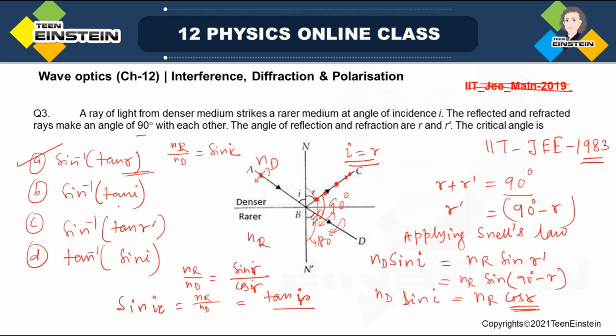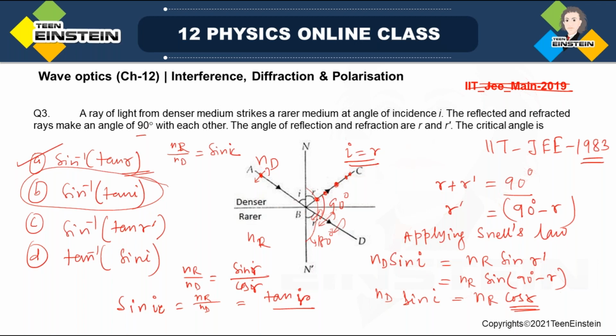I don't know, since I and r are the same, what is the use of giving this option as well. Sine inverse tan r, yes, there are two options, sine inverse tan I. These two seem the same because I can be equivalently written as r.